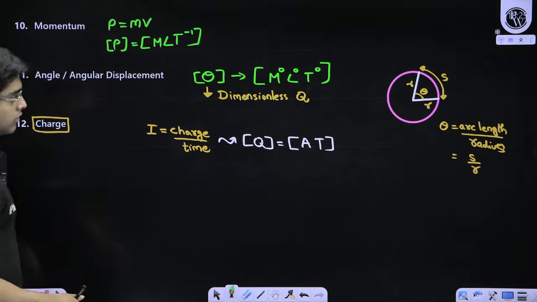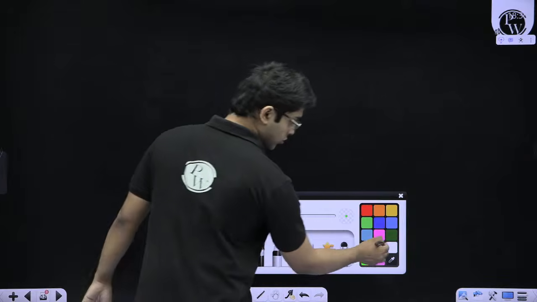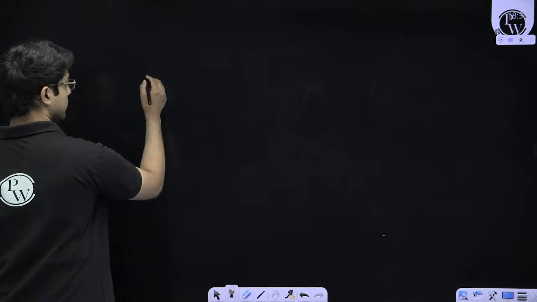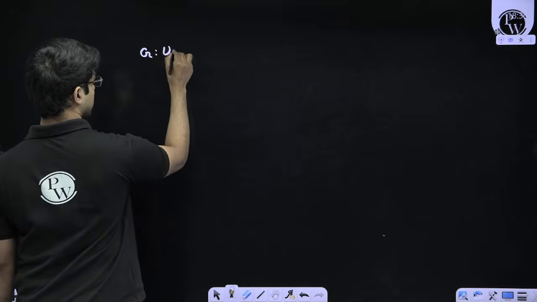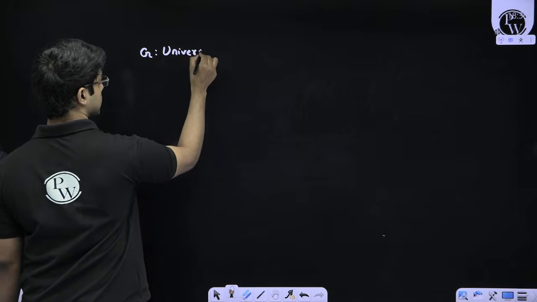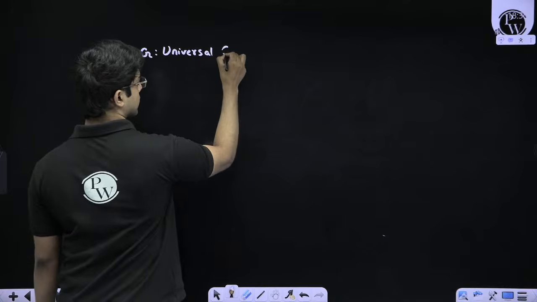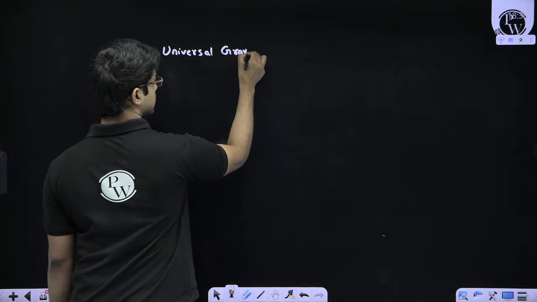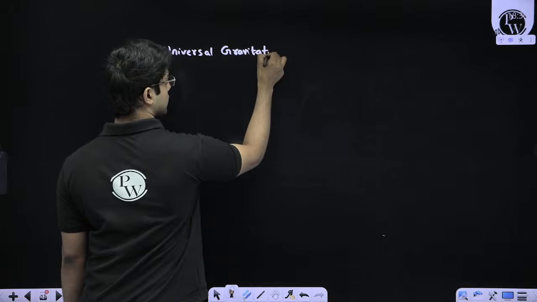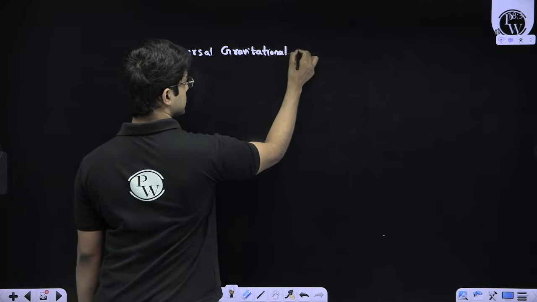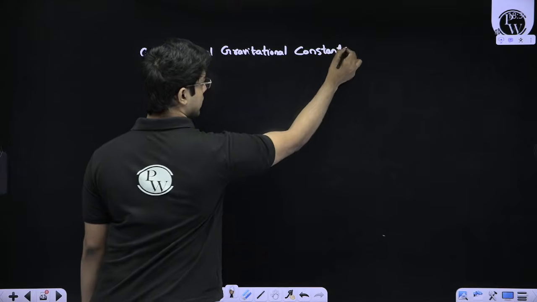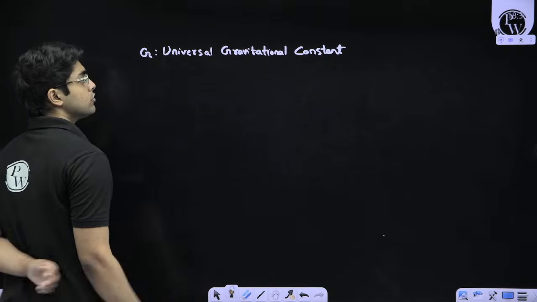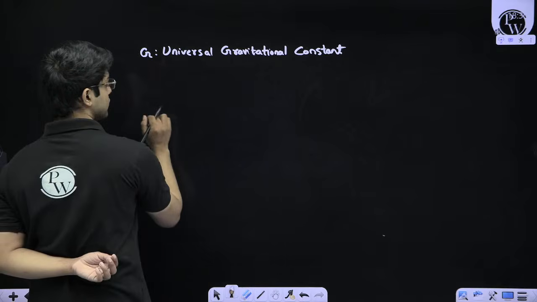But we can also do the dimensional formula for G. This is very important. The universal gravitational constant. This is consistently asked in the NEET exam, so it's worth deriving the dimensions of G.